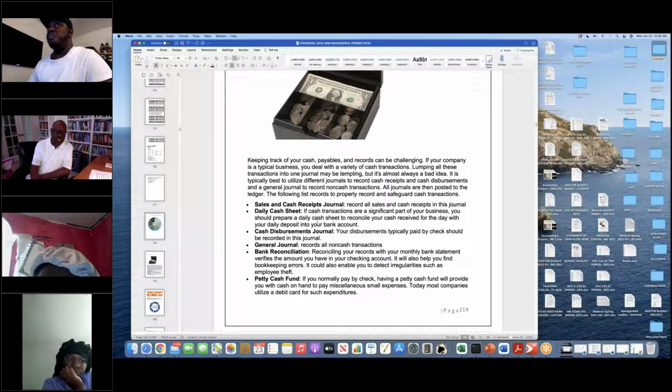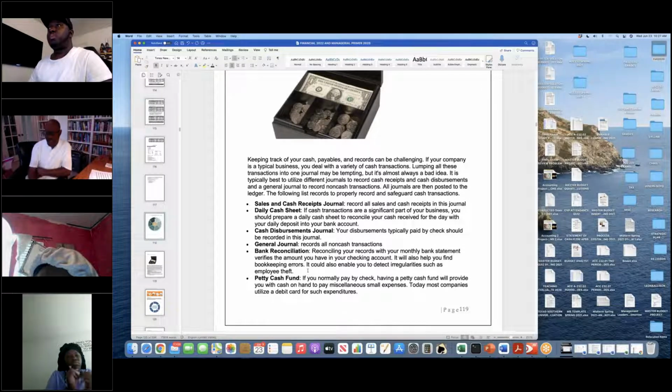Now, most times a company has a debit card to handle small postage transactions, coffee for the staff, or things like that. You choose a debit card, and one person is authorized to make these expenditures on the debit card.